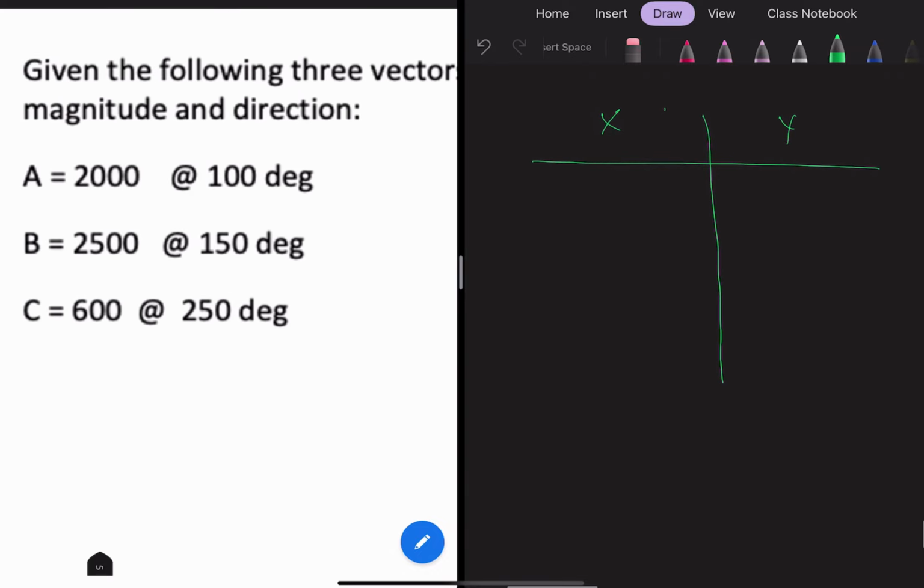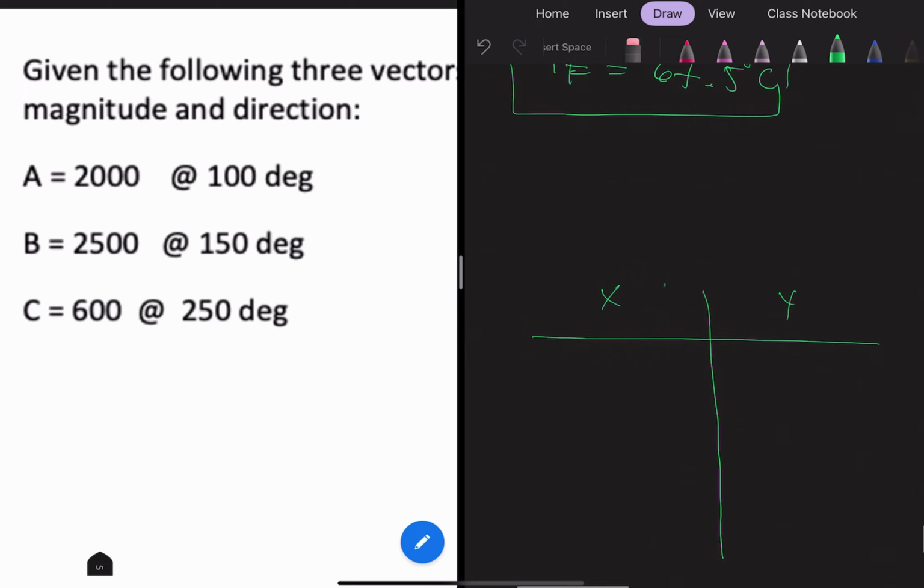Vector A has a magnitude of 2000, and a direction of 100 degrees. Vector B has a magnitude of 2500, and a direction of 150 degrees. And vector C has a magnitude of 600, and a direction of 250 degrees.